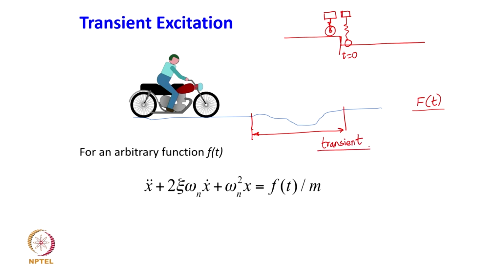In addition, the excitation can be arbitrary in the sense that we may not be able to mathematically define that excitation. In such cases, the treatment of finding out the response to a transient excitation can be adapted to take into account the response estimation for an arbitrary excitation, and we will discuss a little bit of that in this particular topic. Okay.